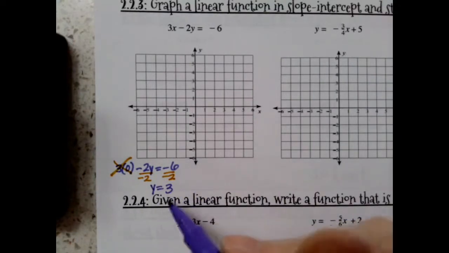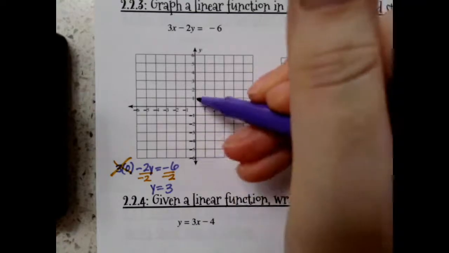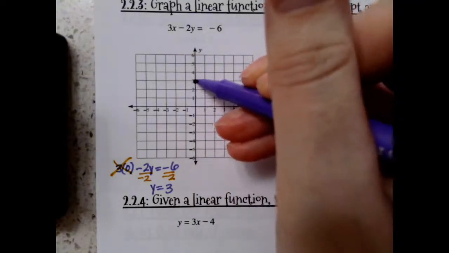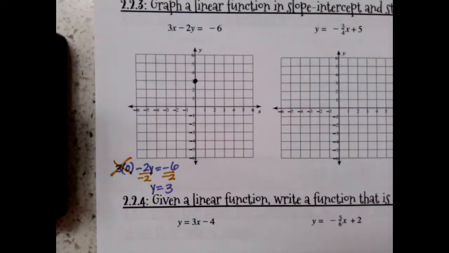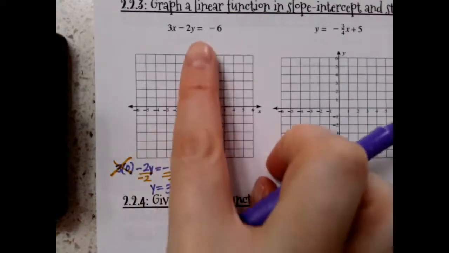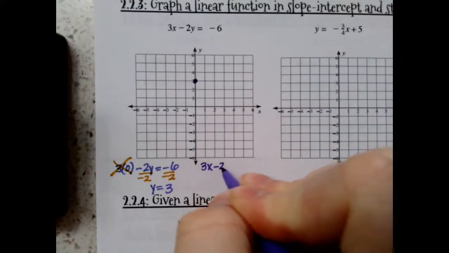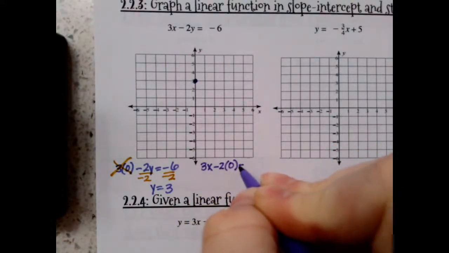Since it says y equals 3, it is my y-intercept, and so I'm going to put that on my y-axis. Now I'm going to do the same thing, except instead of plugging in 0 for x, I'm going to plug in 0 for y. So 3x minus 2 times 0 equals negative 6.